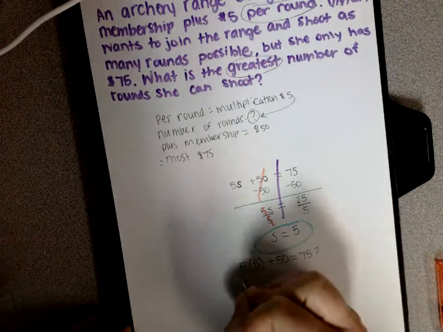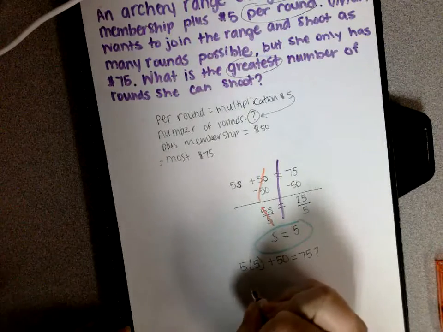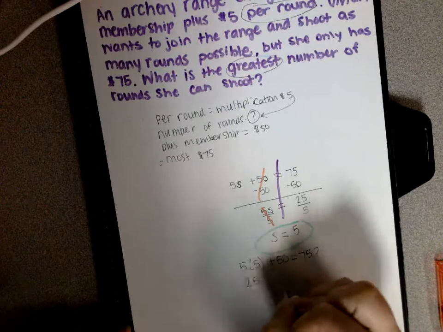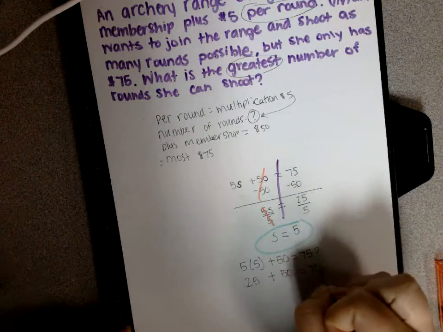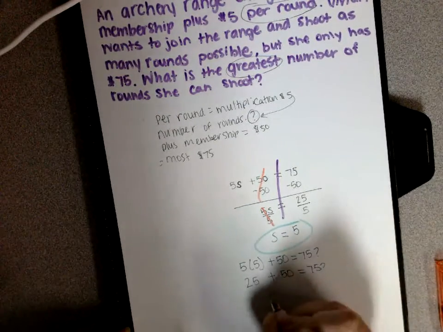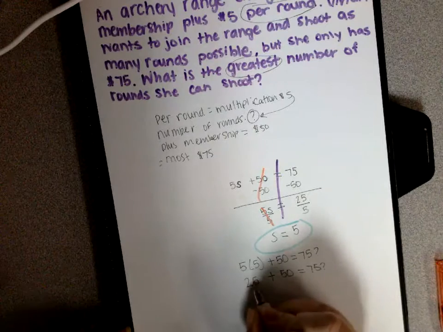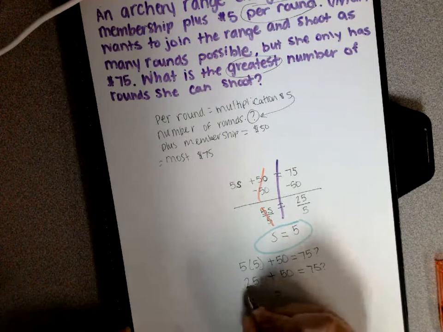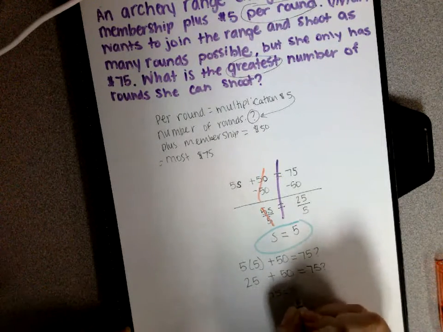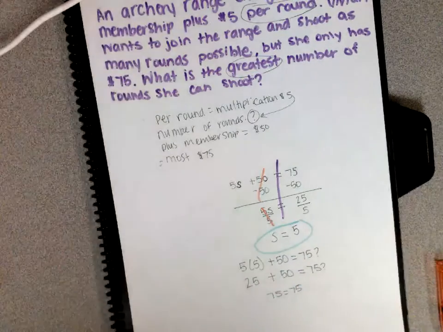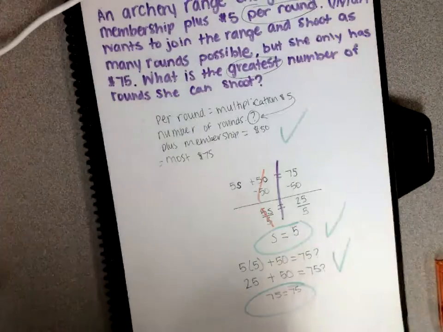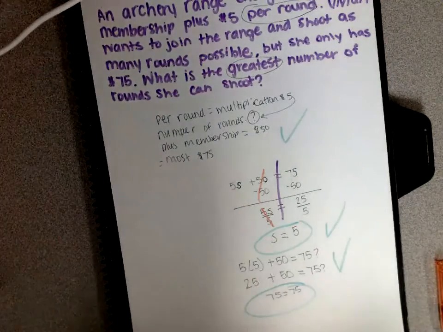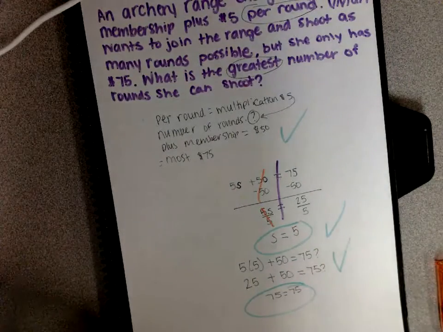Let's see. 5 times 5, we know that's 25, plus 50 equals 75. 5 plus 0 is 5. 2 plus 5 is 7. Well, it does. We know we have successfully solved that question.